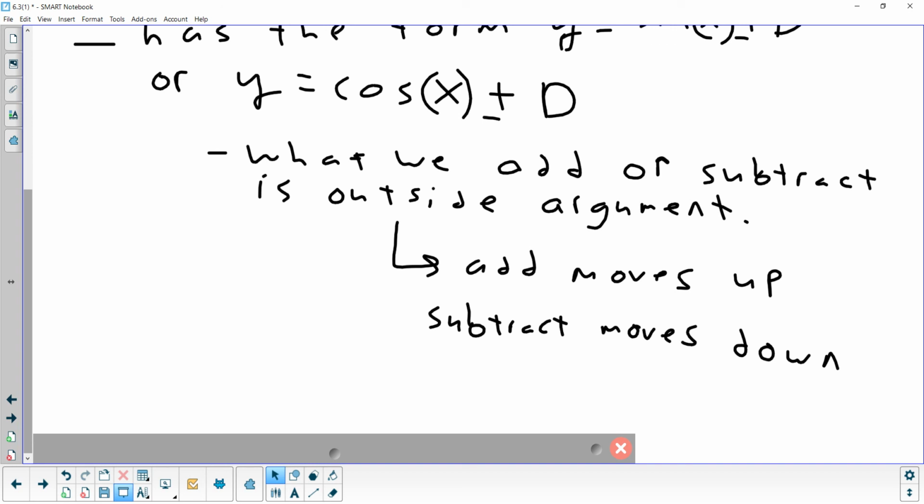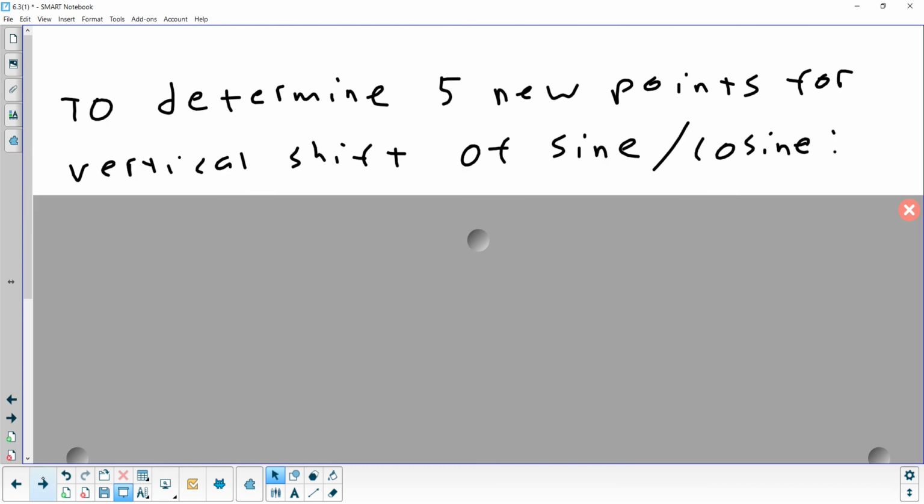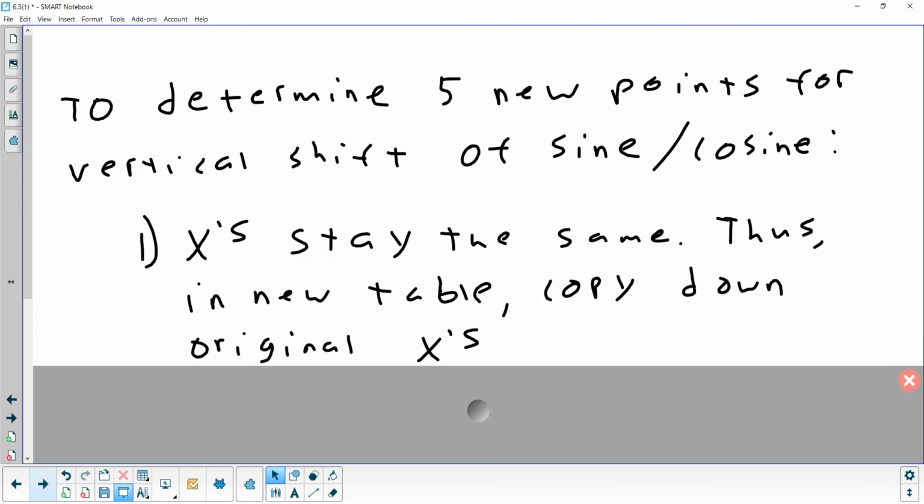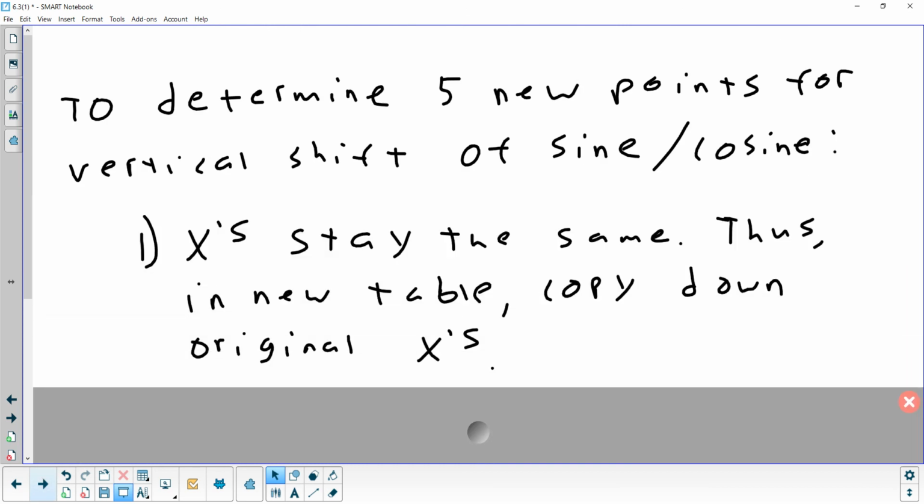Okay, so when we do a vertical shift, what values are going to be affected by that? When you shift something up and down, what values will change? Sarah? The y's. That's good. If the y's are changing, that means the x's are going to stay the same.